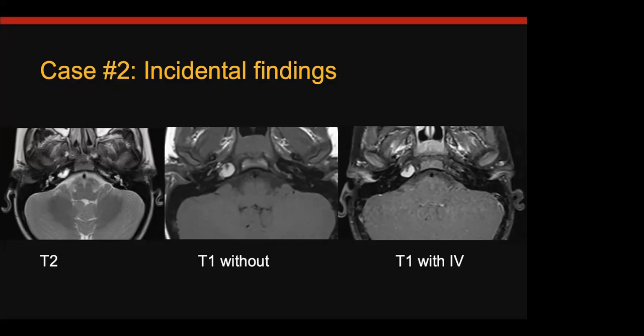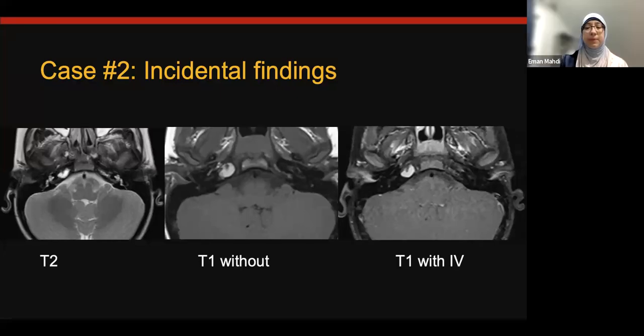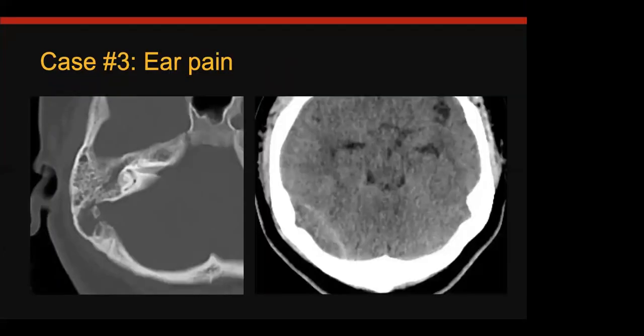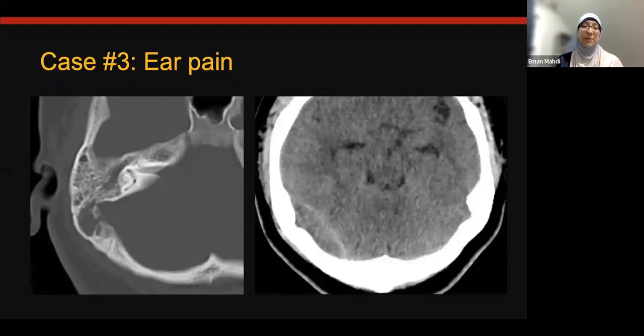T2 hyper, and T1 without contrast, also hyper. T1 with contrast, without enhancement. I think it is causing expansion, cholesterol granuloma. Okay. That is my diagnosis. Thank you. Okay. Thank you.